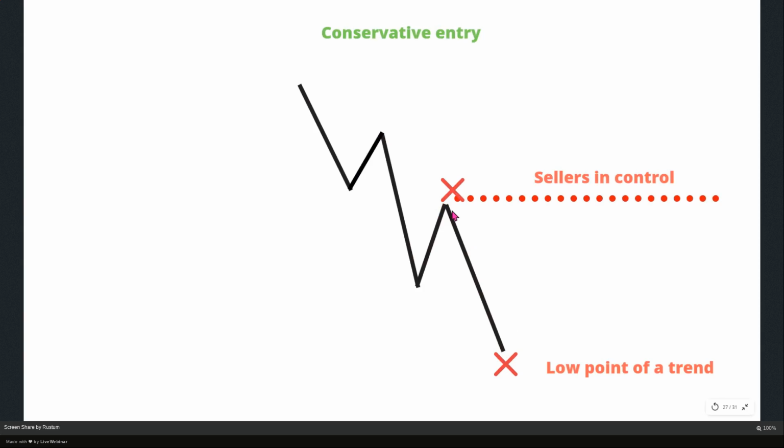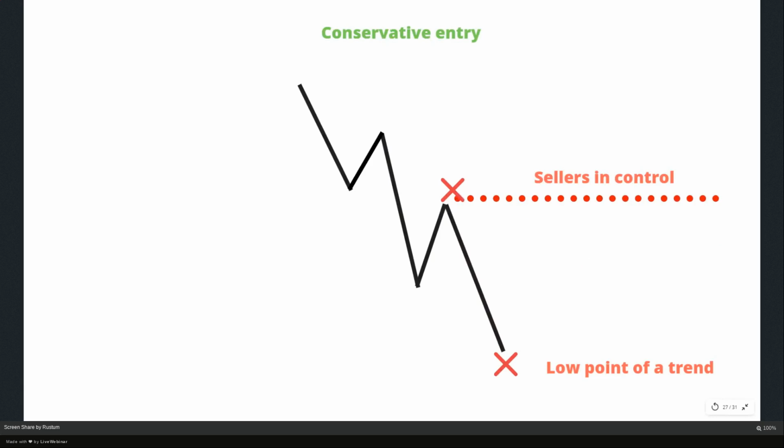That's the way we objectify a trend. The trend has never ended until the guy who put in the lowest low is taken out. The sellers here are very much in control, so irrespective of what happens here, this is still in a downtrend because they are still in control.